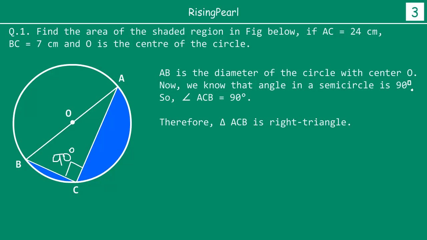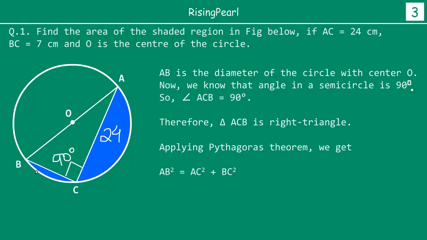Now quite simply, if this is indeed a right triangle, applying Pythagoras Theorem, we can find out AB square, because we know this is 24 and this is 7. So AB square will be equal to AC square, which is 24 square, plus BC square, which is 7 square.